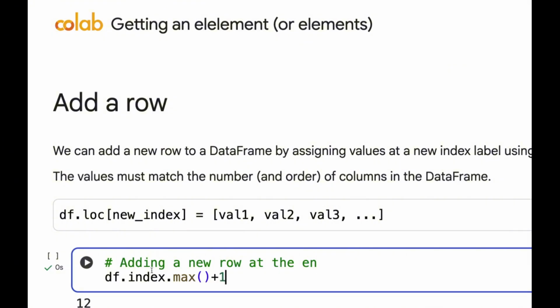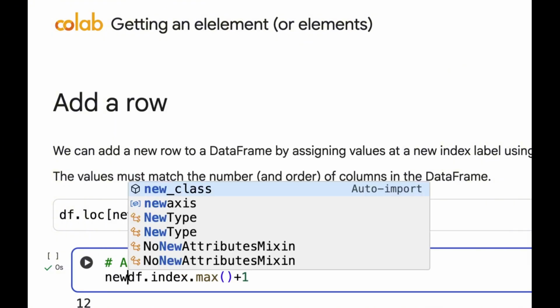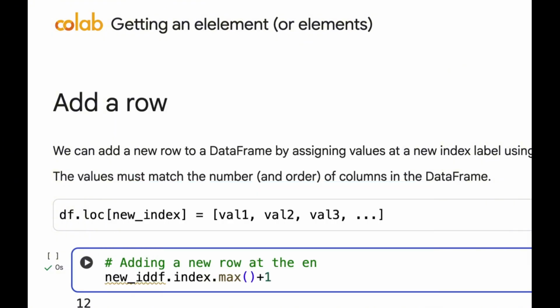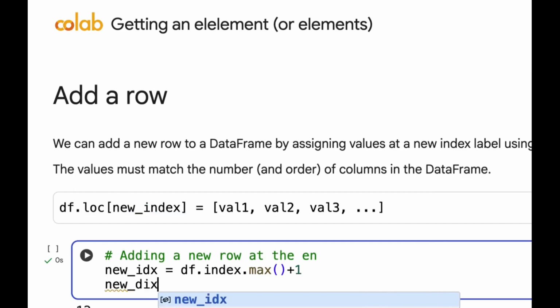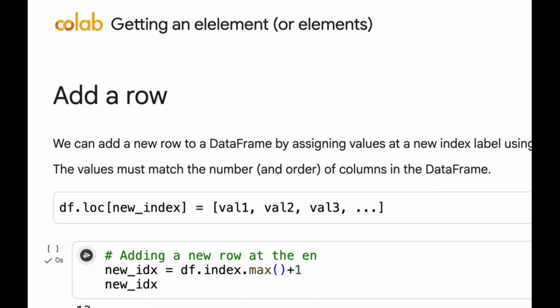Now it's 13, right? And then I will assign this value 13 to the new index. And that makes sure that we will not have any redundancy, right? We don't have any repetitive value. So of course, if we show the value of new index, it will be 13.